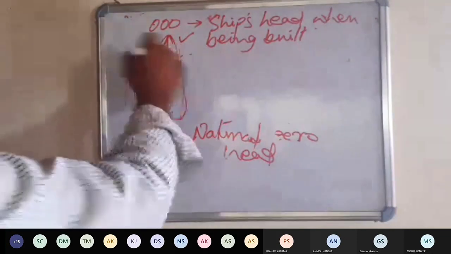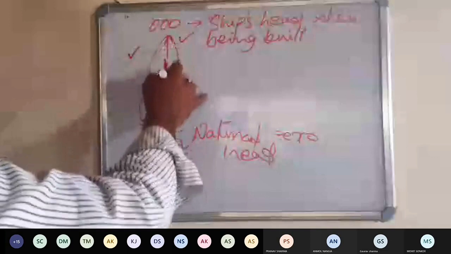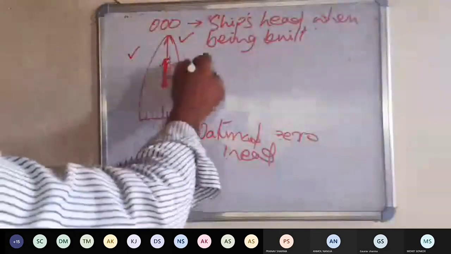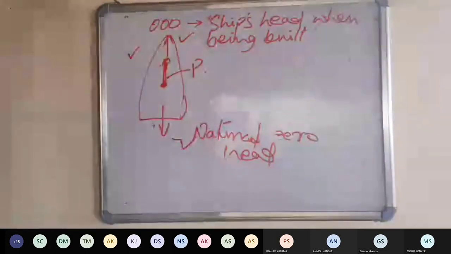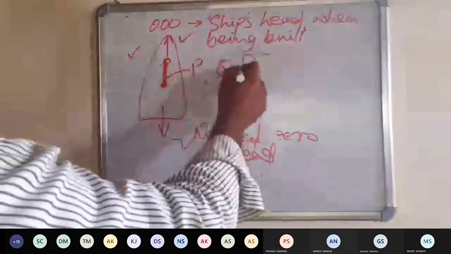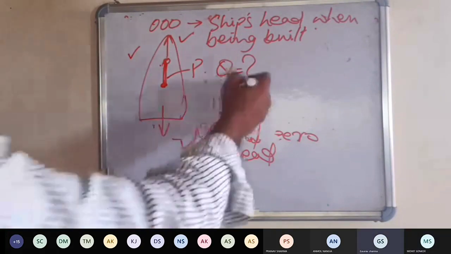In this case, the horizontal soft irons will get magnetized, or permanent P is created. In this case, is there any Q? No, sir.